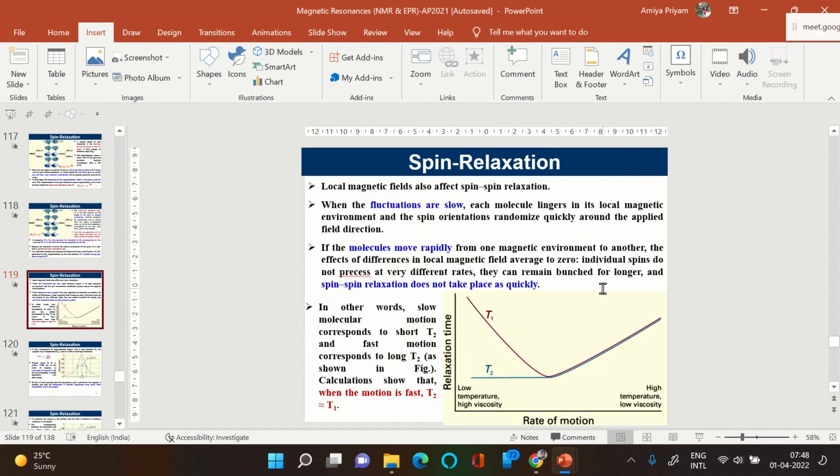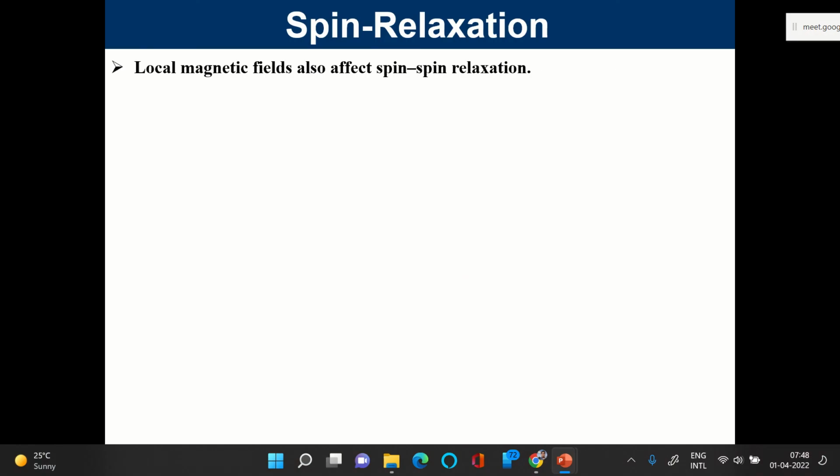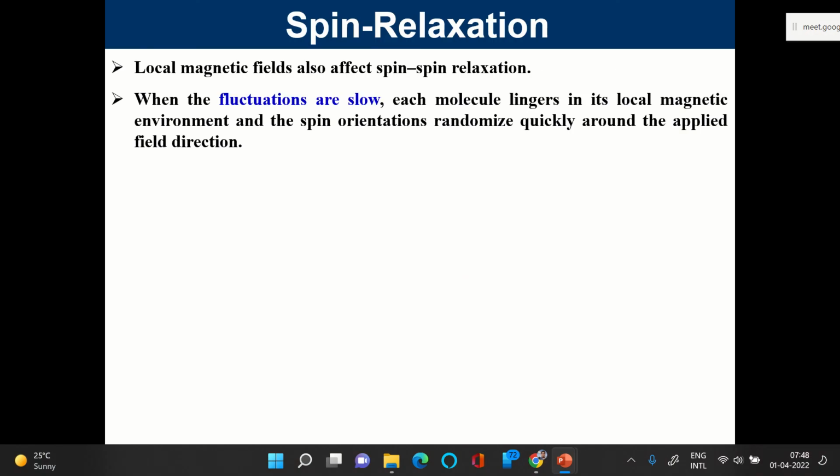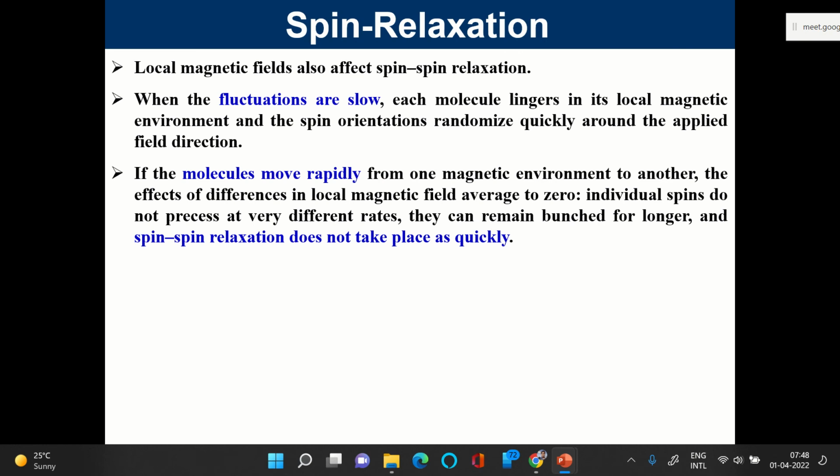Okay, so the local magnetic field can also influence this. Local magnetic fields will affect the spin relaxation.